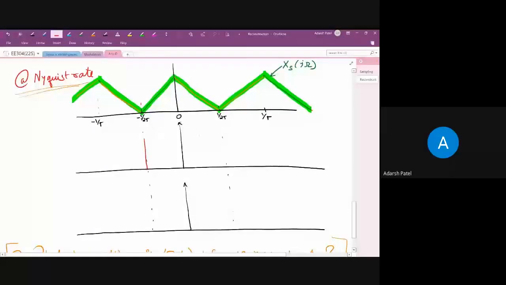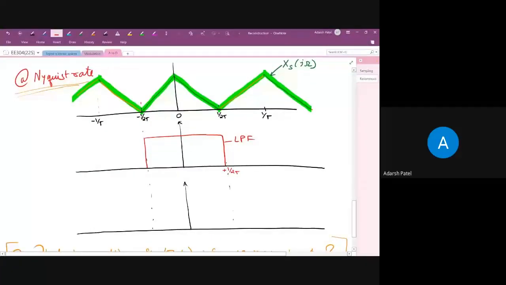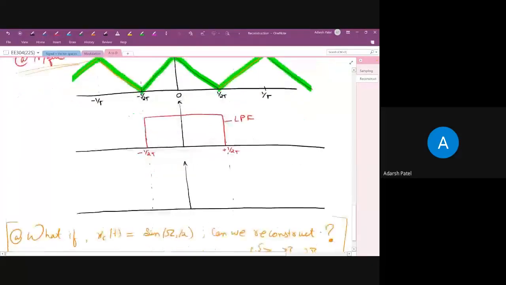Let this be the low pass filter, LPF, with plus 1 upon 2T and minus 1 upon 2T. So if I pass Xs(j omega) through the LPF, what should I get?